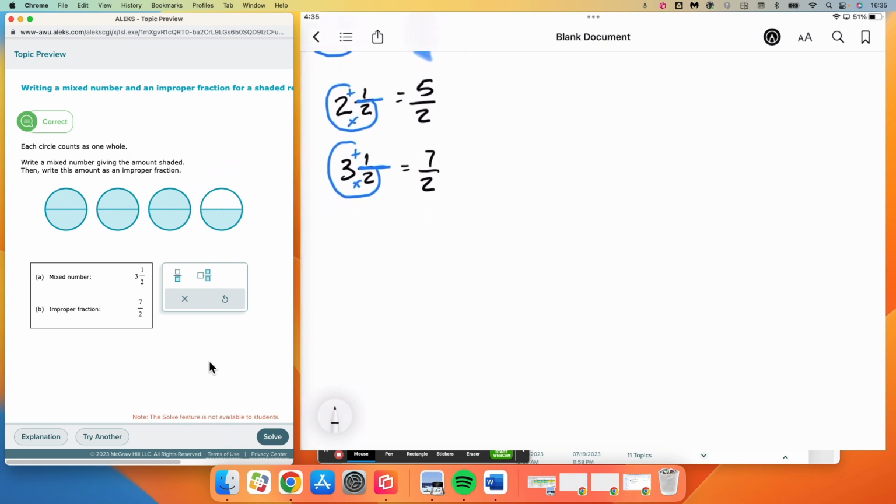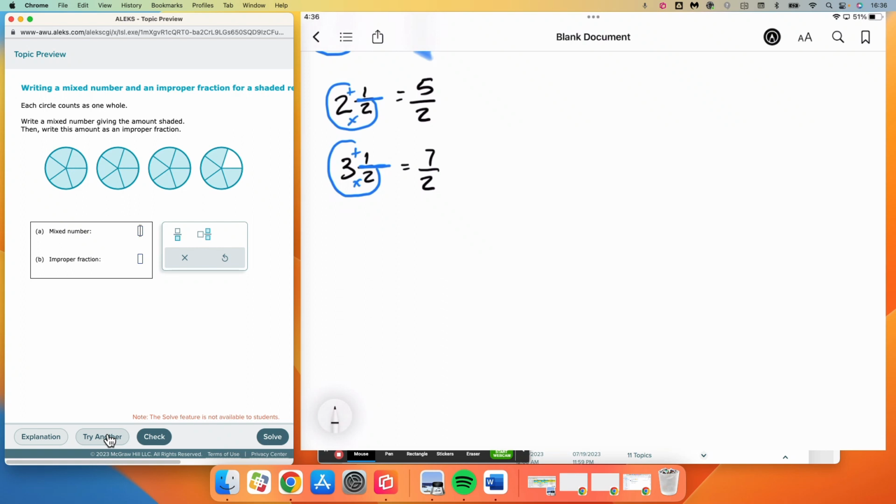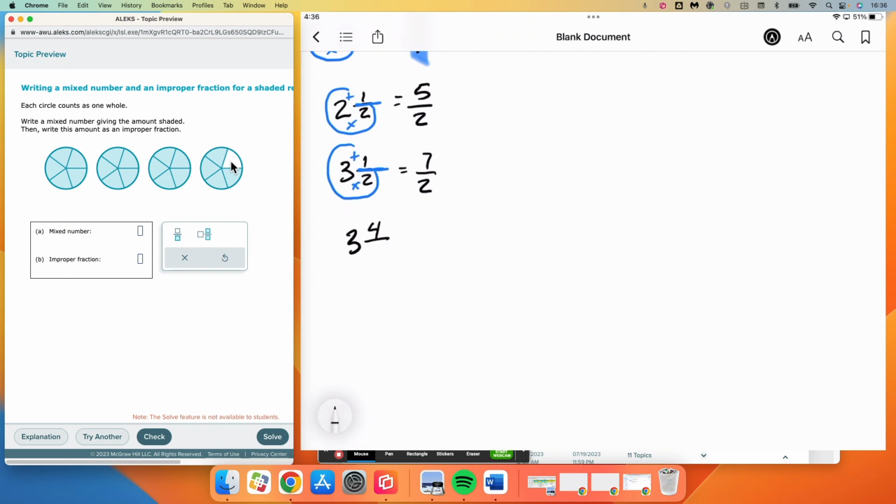We'll do one more. This time I have 1, 2, 3 wholes, and 1, 2, 3, 4 out of 5. So 3 whole circles and 4 out of 5 pieces of the last one there. So converting that to an improper fraction, the G method, multiply there, add there. 5 times 3 is 15, plus 4 is 19.